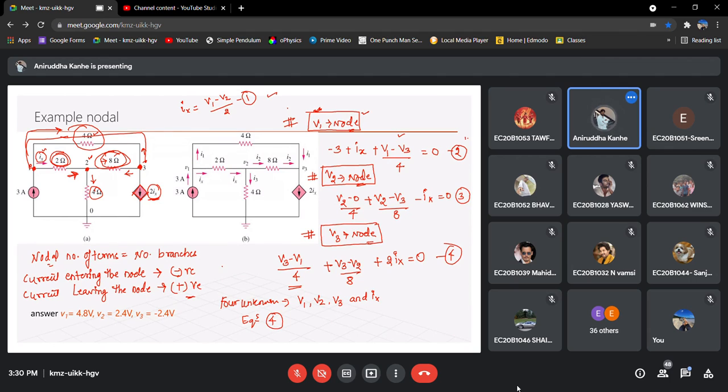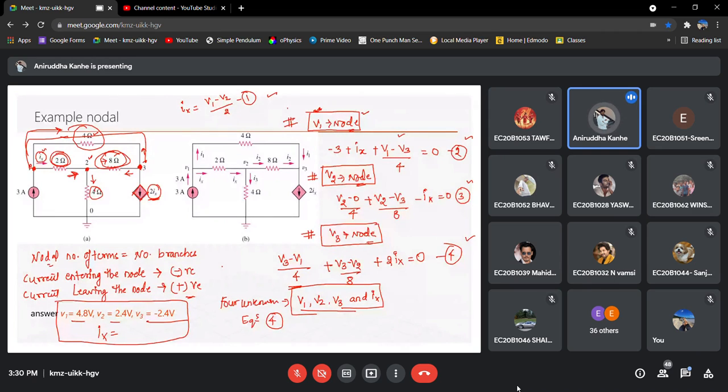This is your first, second, third, and fourth. So 4 equations and 4 unknowns are there. With 4 linear equations and 4 unknowns, you can always solve and get the values of V1, V2, and V3, and you can even calculate the value of Ix. So please make a note of all these values.